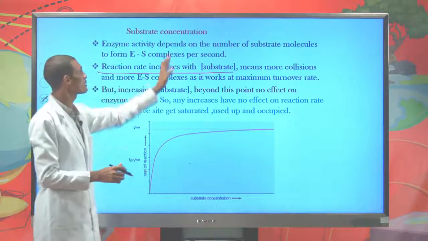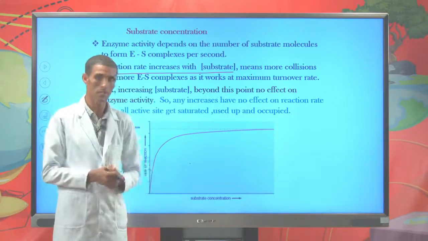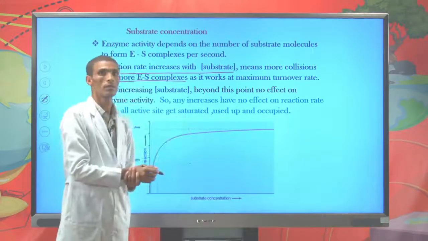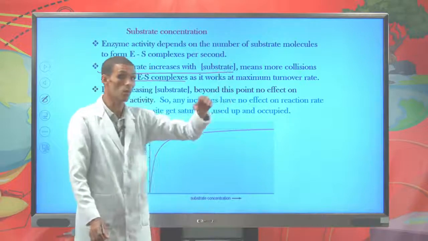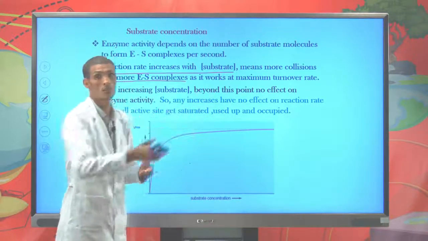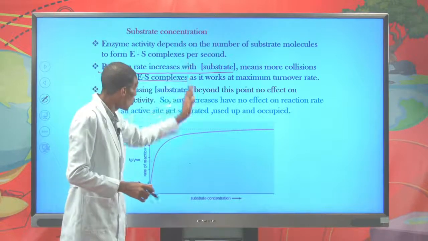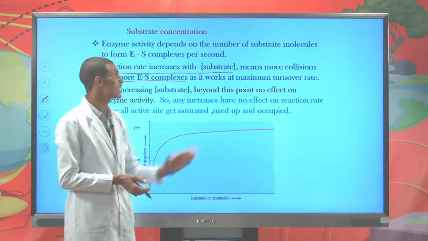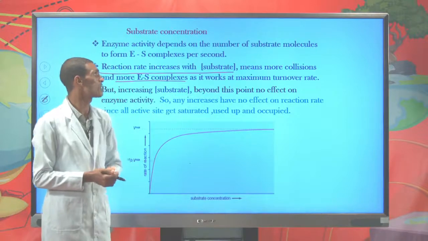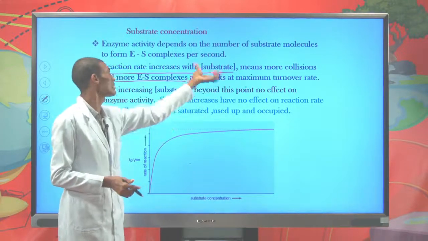If substrate concentration increases, more collisions between substrate and enzyme take place, and more enzyme-substrate complex forms, working at maximum turnover rate, the rate of conversion of reactant to product. If there is low substrate concentration, the rate of the reaction is low, with low collision between substrate and enzyme and a low rate of enzyme-substrate complex formation.